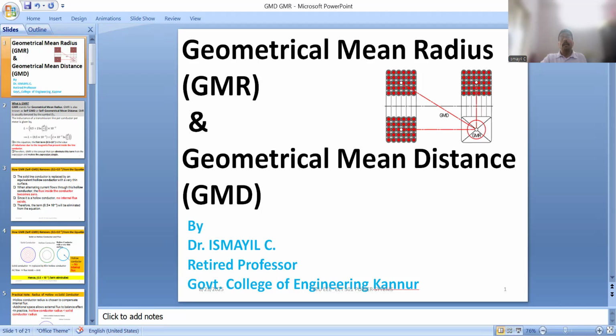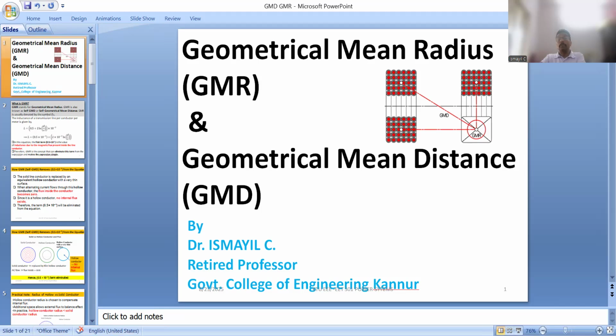By incorporating the concept of GMR, we will get the inductance equation equal to 2 into 10 raised to minus 7 ln d by ds, where d is called the GMD and ds is called the GMR.